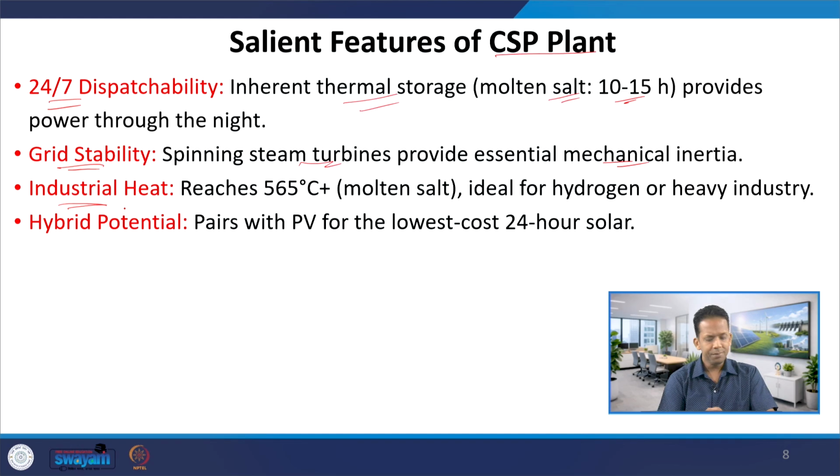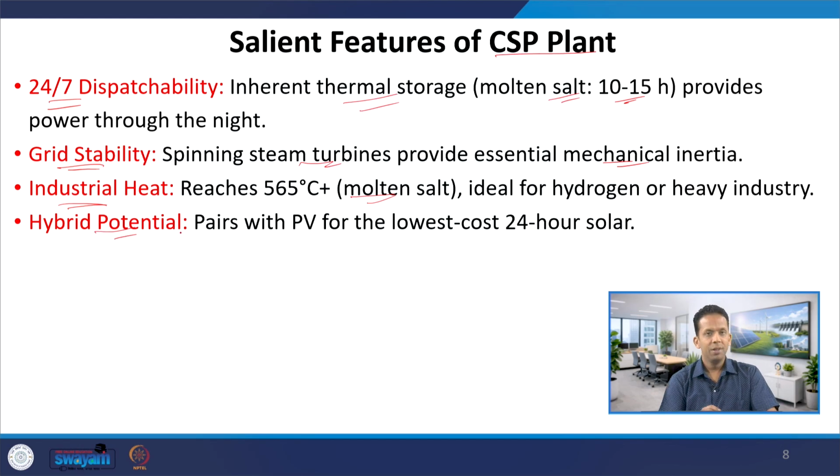Industrial heat: it can achieve temperatures up to 565 degrees Celsius and higher, which is again a governing limit for molten salt, and this can be ideal for hydrogen or heavy industry, because above these temperatures, say 570 or 590, the salt starts to break down. So, at these temperatures molten salt works fine, and their fluid properties are maintained.